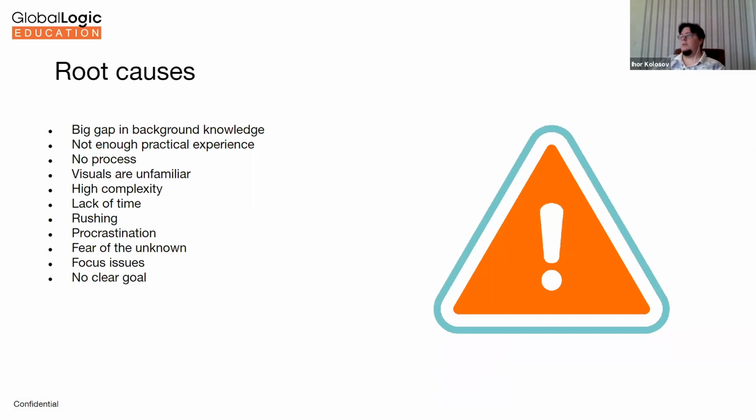But why? I've tried to write down some of the most obvious root causes for such issues during analysis. Why do we fail? What's wrong with the chaotic approach? Usually, you will analyze a diagram ineffectively due to some gaps in your background knowledge, right?